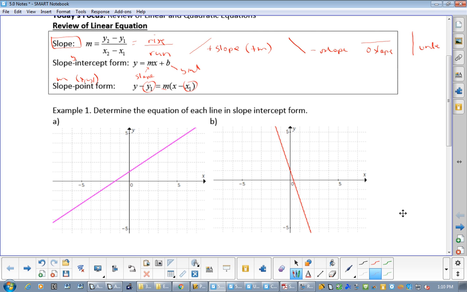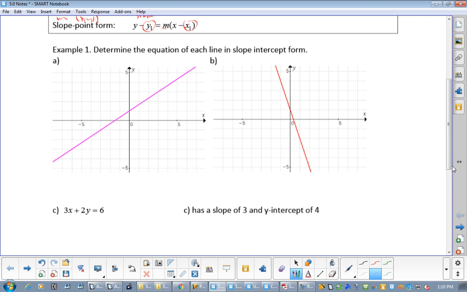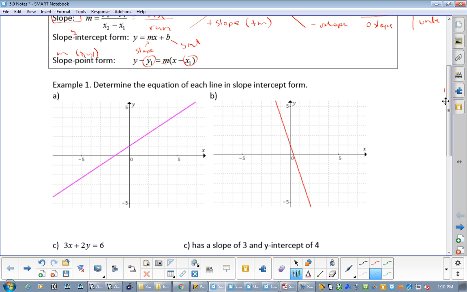Now, obviously a good skill is can you look at a line and say, hey, that's the equation to that line. If you look back to here, the slope y-intercept, do we know the y-intercept?